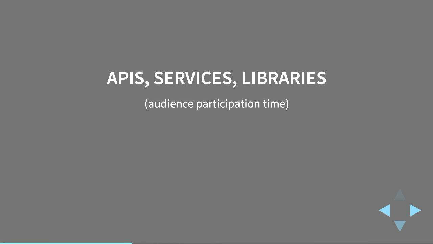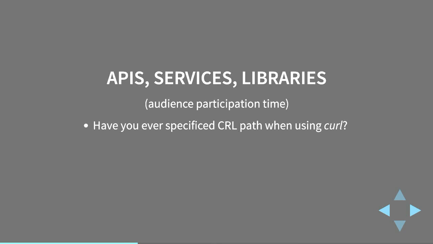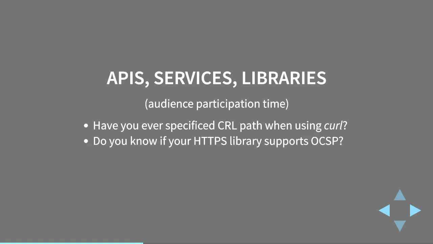So, straw poll. In your libraries or services, have you ever specified a CRL path when you're trying to connect to a service? Do you know if your library supports OCSP at all? Probably doesn't. Most of them don't.